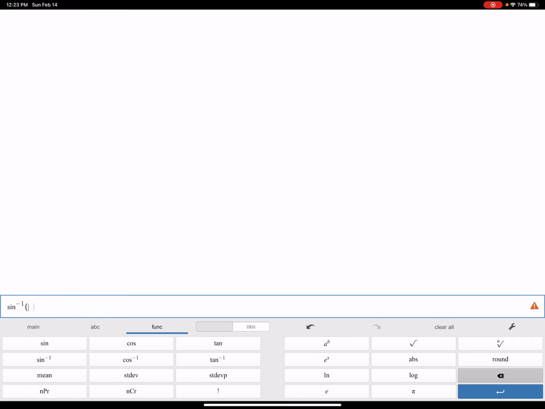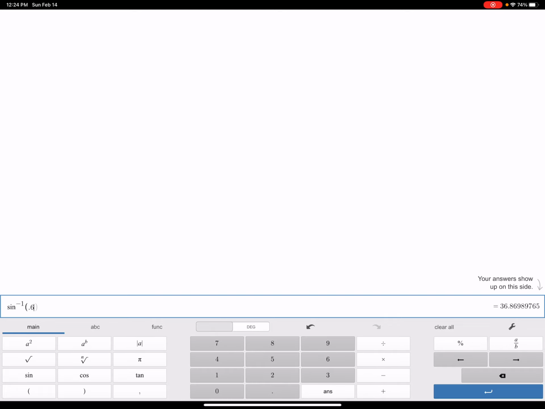I hit sine -1. Make sure your calculator is set to degrees. You can see mine is set to degrees. I can toggle back and forth between radians and degrees, but for this course, we're going to use degrees.